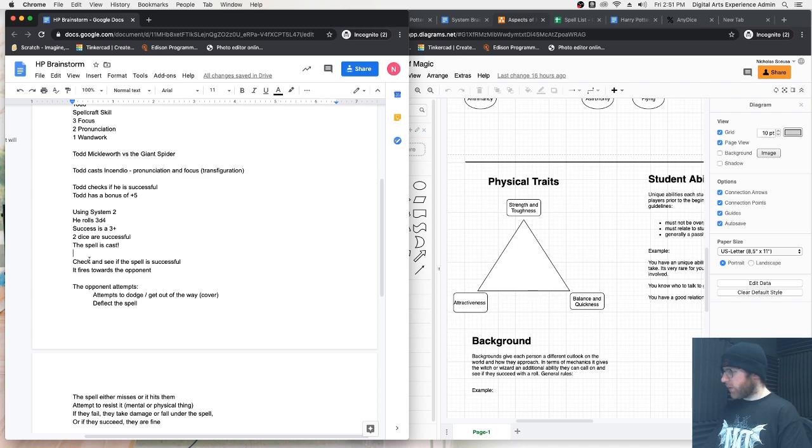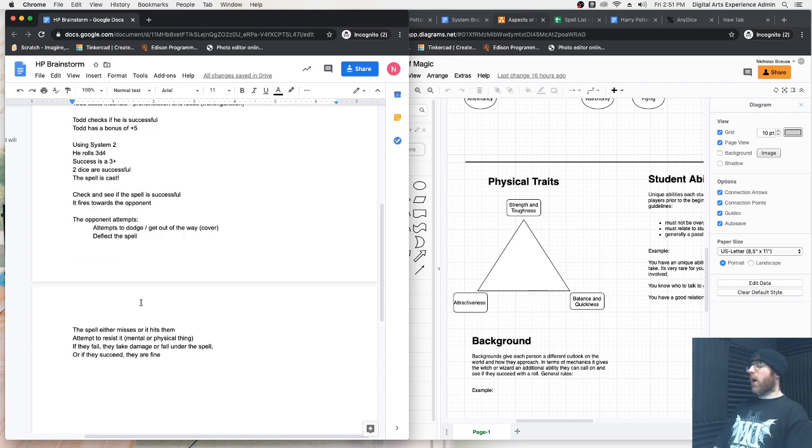So check and see if the spell is successful. It fires toward the opponent. Now, the question here is, the opponent can attempt to dodge and get out of the way or deflect the spell. I think I like this because it gives the person a chance to defend themselves. I don't think we're going to have a lot of HP in Harry Potter.